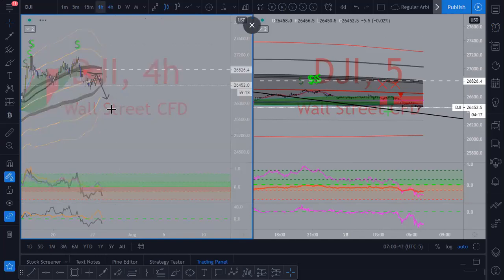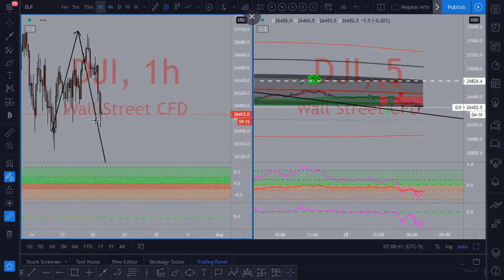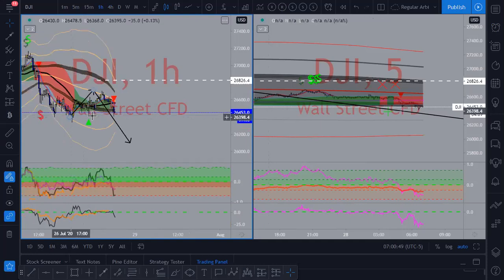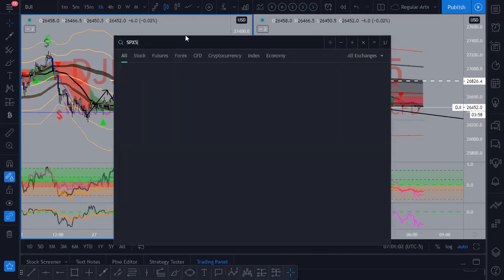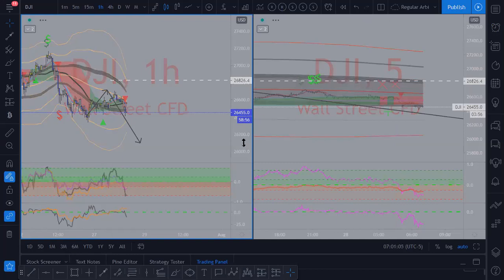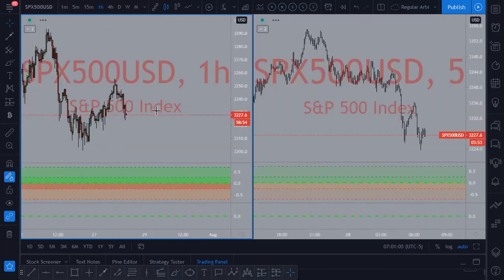The 1 hour did give the sell, but I just don't like how it looks on the 1 hour, and it's just at these previous lows. So for me to probably get into this, I would have to have a sell stop at 263.09, and then for it to continue dropping. Same thing for SPX 500 because they're both basically the same pair, just different numbers.